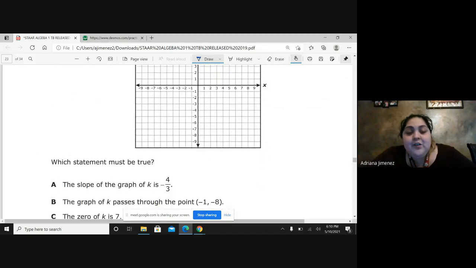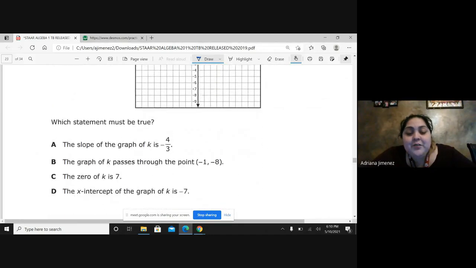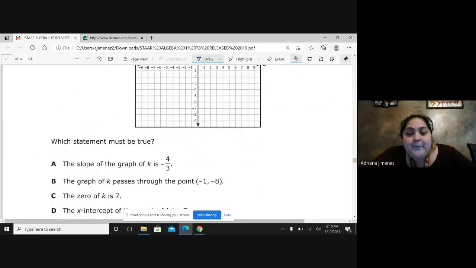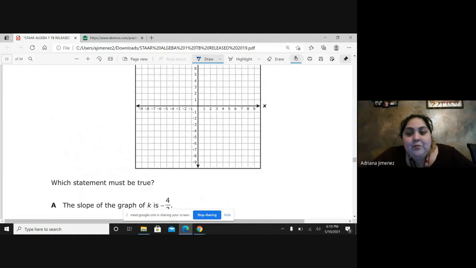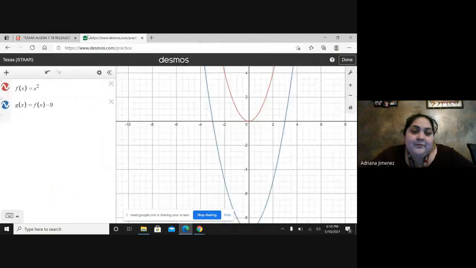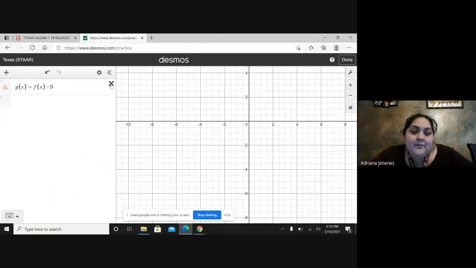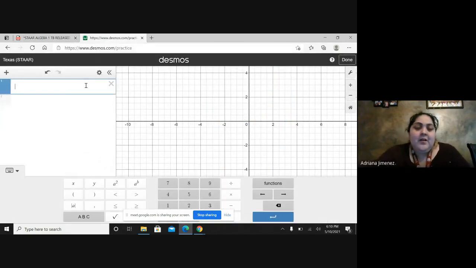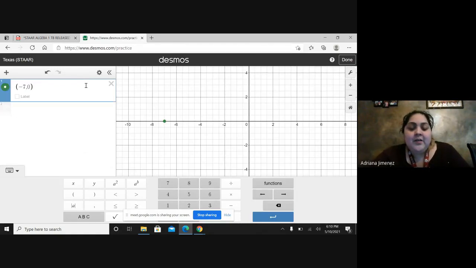Here's this one. It wants to know which statement must be true. All right, so what we can do is plot the 2 points they gave us. Negative 7, 0. And then the other one was 1, 8.